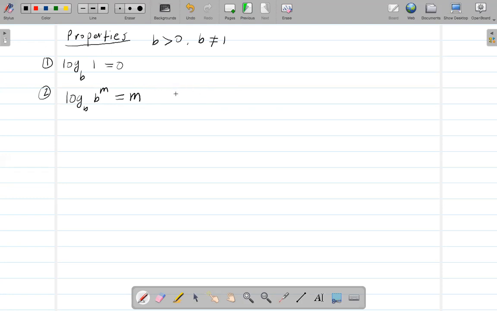Let's say an example. If we have log base 7 of 7 to the power 3, these two are the same, 7 and 7, so the value of this whole thing is 3, because we have 3 on the power. Log base 2 of 16: what is the value of this one?